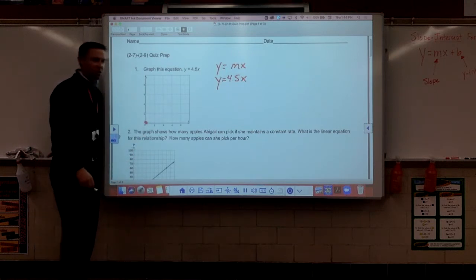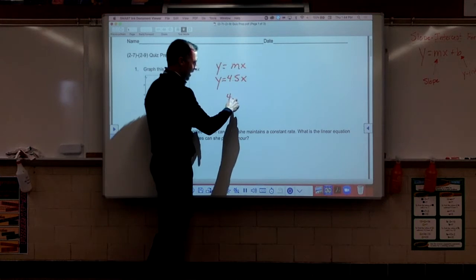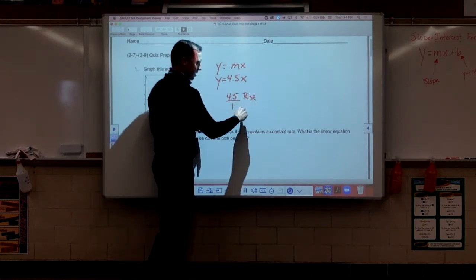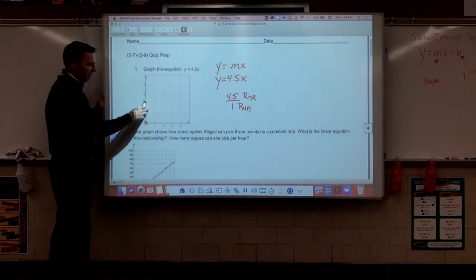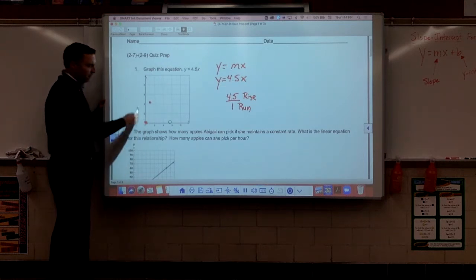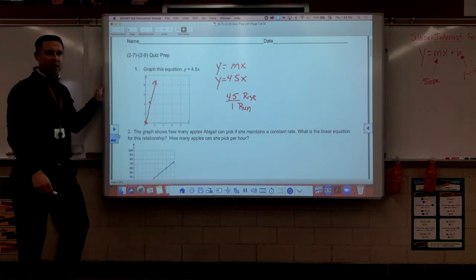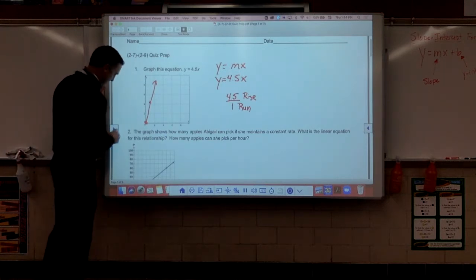So first point at 0, 0. This is my slope, remember, 4.5 over 1. Rise, run. I know it's hard to see, but we're going to go up 4.5 units over 1 unit. Draw your line through those 2 points. You just graphed that equation. Nice job.